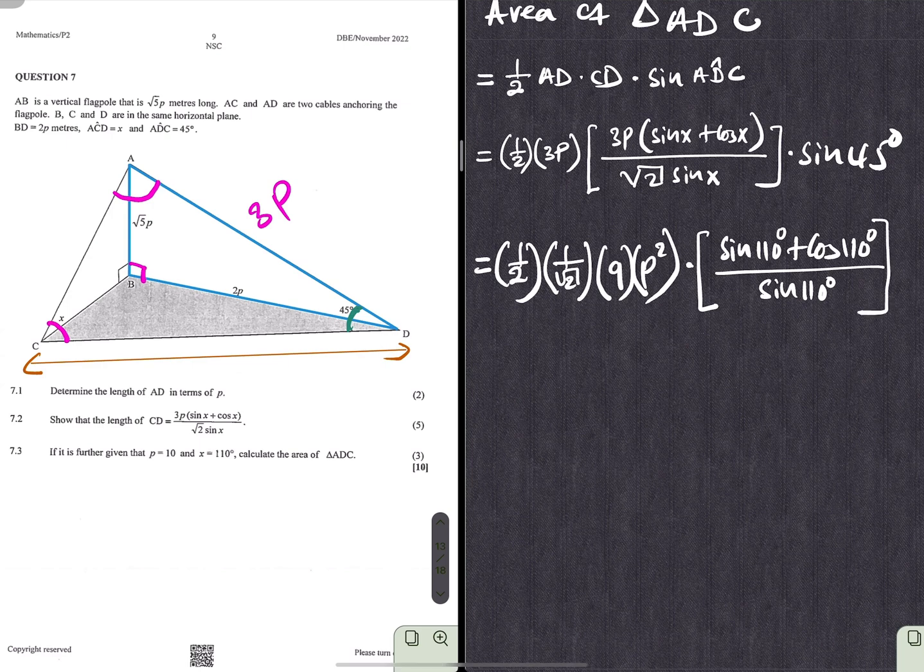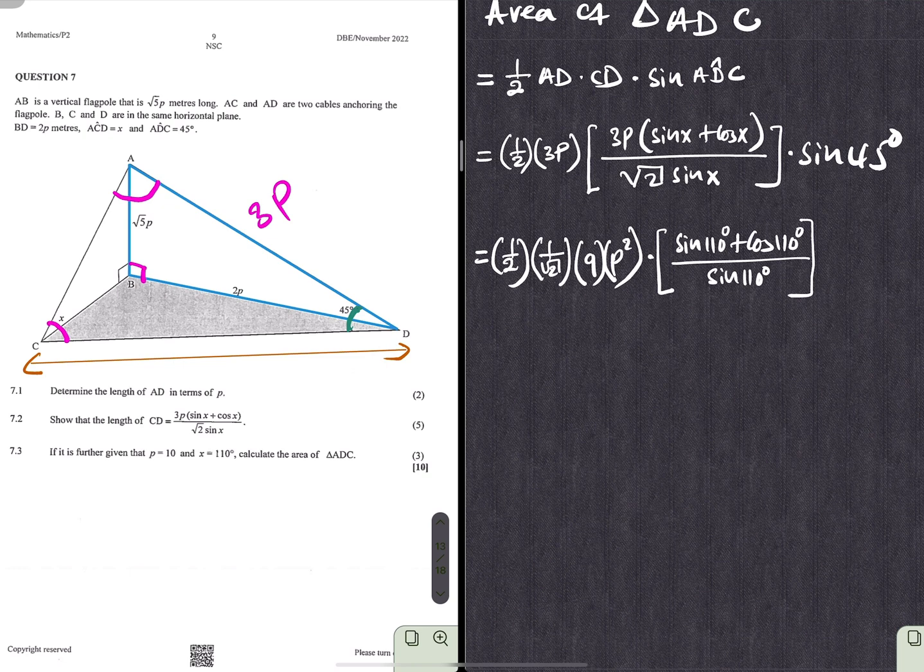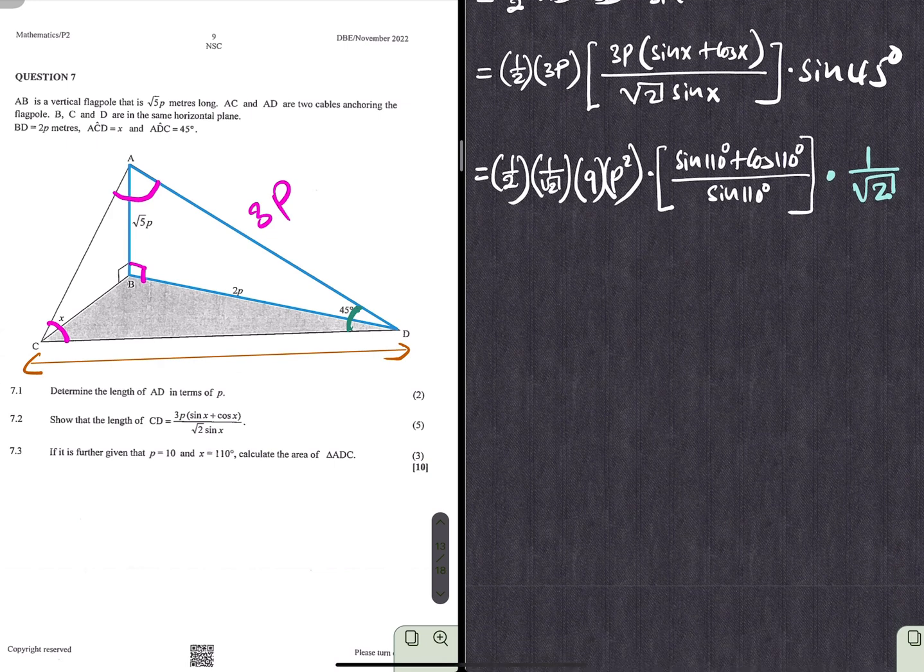You close it. Now we're not done. We need to multiply by the sine of this one. So sine 45 is 1 over square root of 2, or you can say it's root 2 over 2.